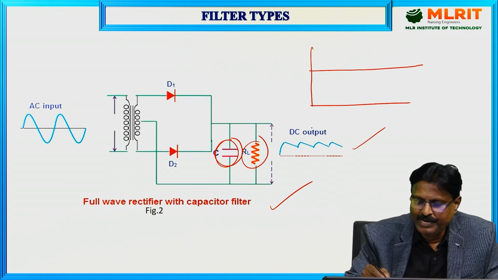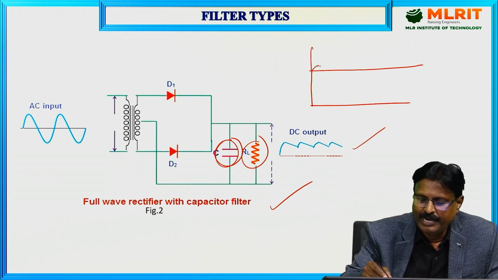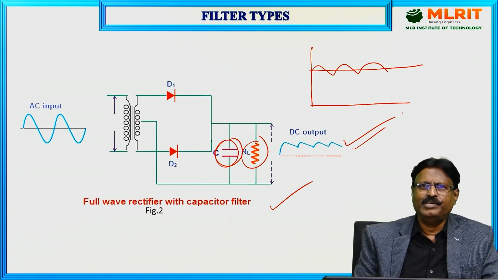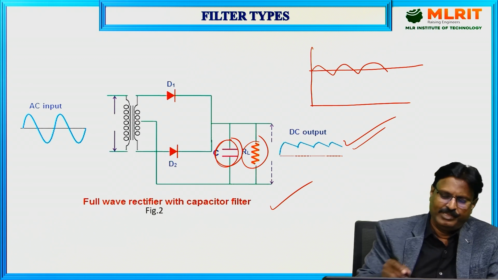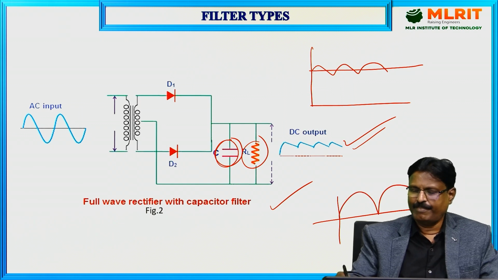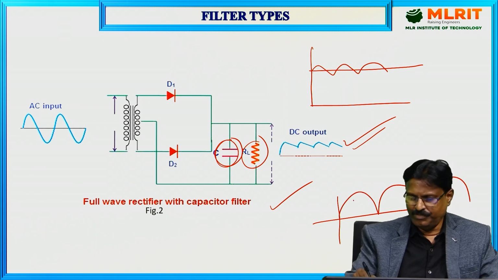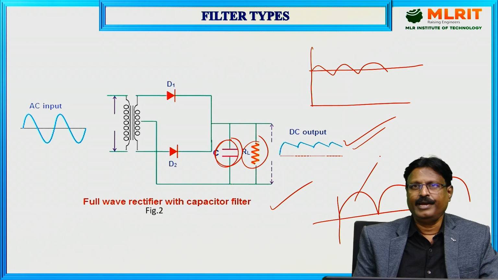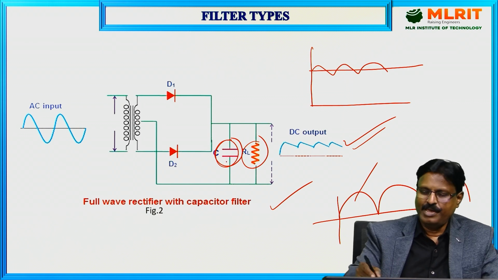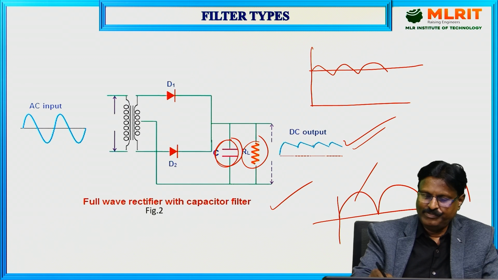It is simply shifted to a DC level and a ripple is sitting over it. Somewhat it is a better version compared with the pulsating DC, in which more AC components are contained. I am minimizing the AC components by going for a capacitive filter, and my output voltage will look like this.